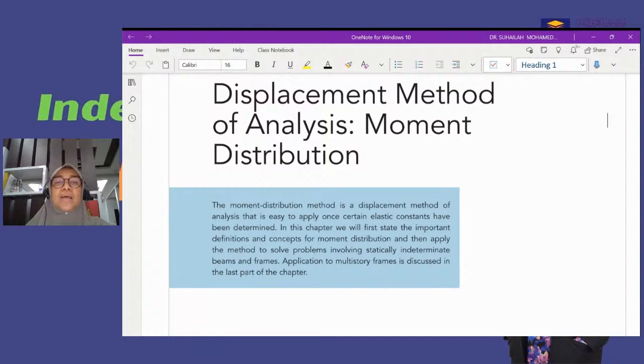There are two types of structure that we are going to analyze: beam as well as frame.